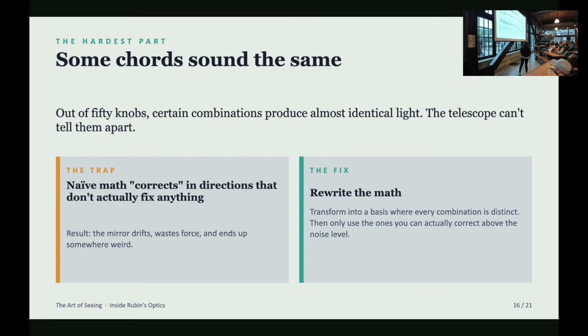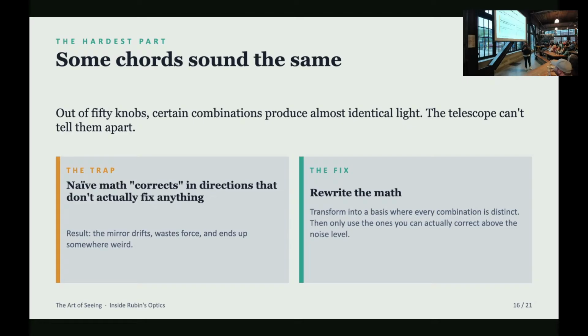Now, once we do all of our corrections, if you remember, I was just talking about all the 50 little knobs that you can tune, but even that's a lot of things to do. And sometimes it turns out a few combinations of them can produce the same effects.